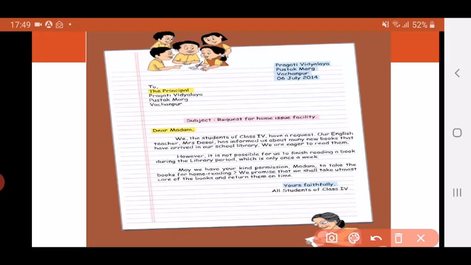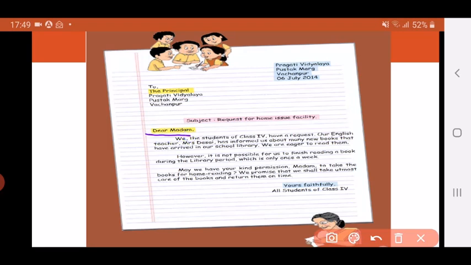After the receiver's address, the next line is the subject. Request for home issue facility. Home issue facility means to send the books home. Then they started the letter.